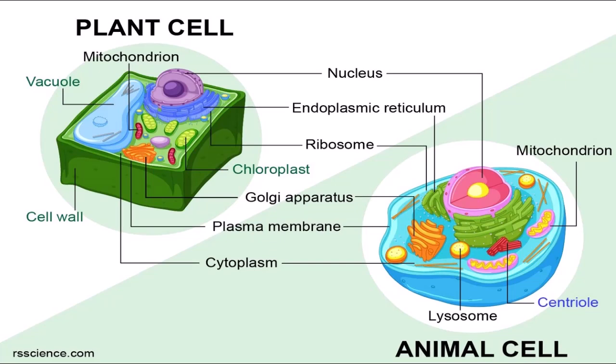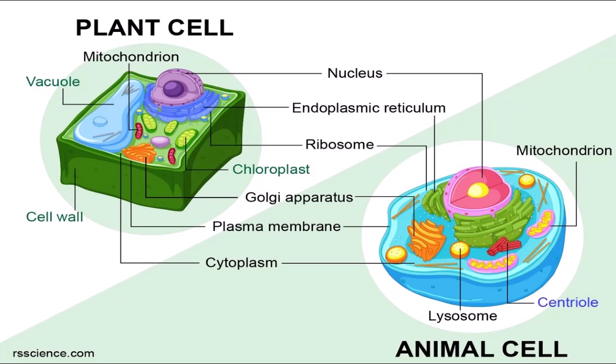Next structure is ribosomes. A ribosome is an intracellular structure made of both RNA and proteins, and it is the site of protein synthesis in the cell. And ribosomes are present in both animal and plant cell.